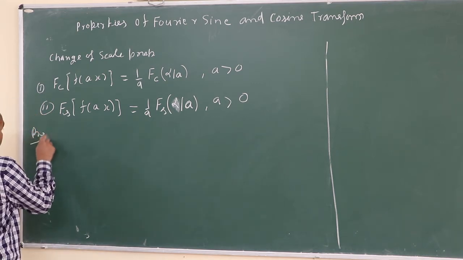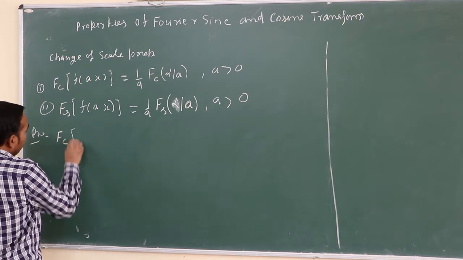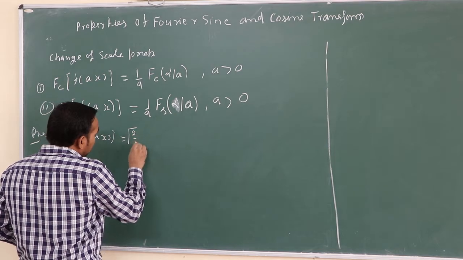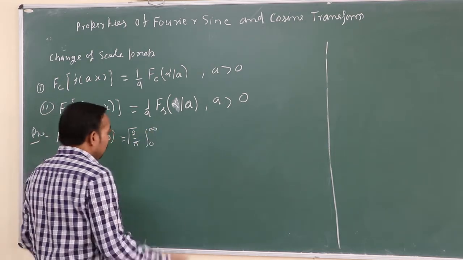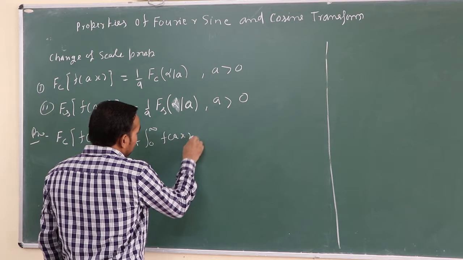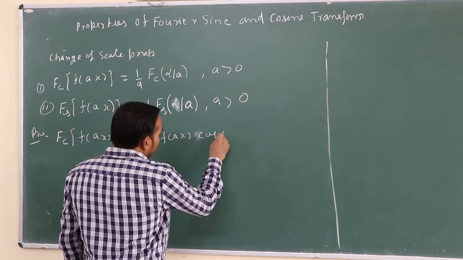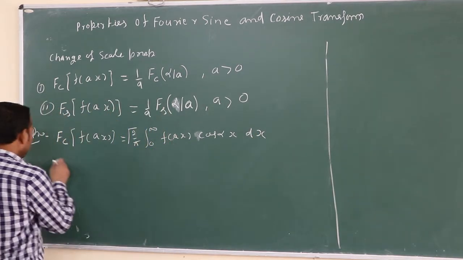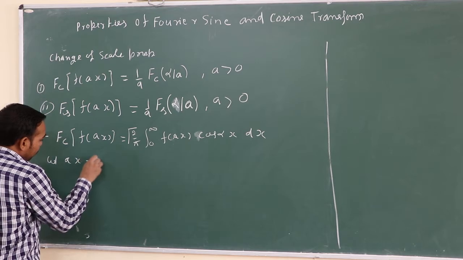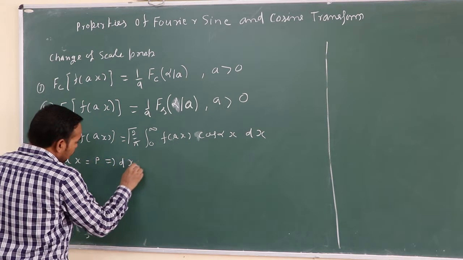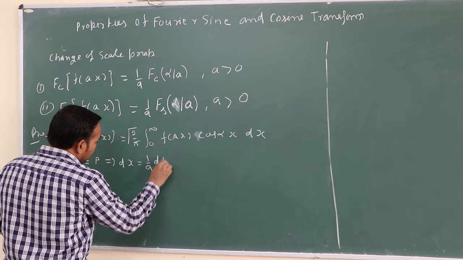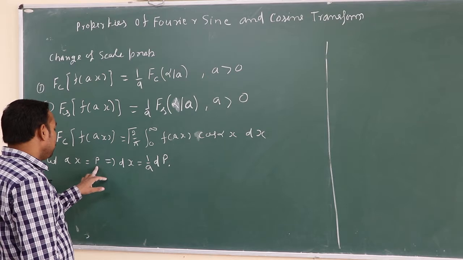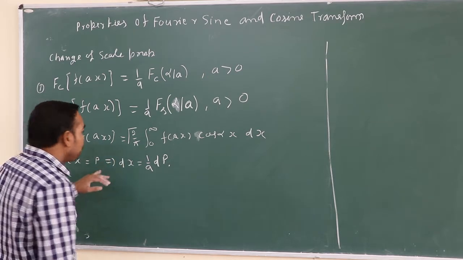Simply we can write the Fourier cosine transform of f(ax) equal to root 2 upon pi integral 0 to infinity f(ax) cos alpha x dx. Here let ax equal to p, which implies dx equal to 1 upon a dp. At x equal to 0, p goes to 0, and at x going to infinity, p goes to infinity.